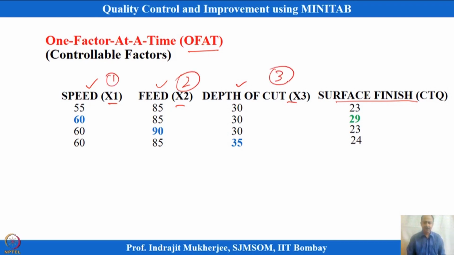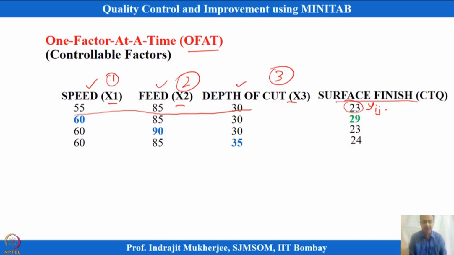We started with the first combination: 55, 85 and 80, 30 here, and this is the y observation that we are getting, yij. This is coming out to be 23. Let us say we want to maximize the surface finish, which is a coded variable shown with some units.